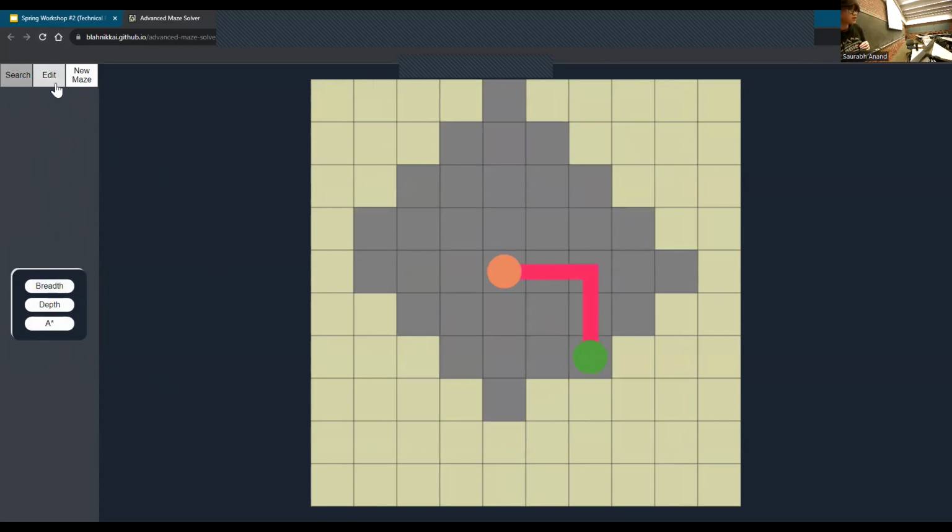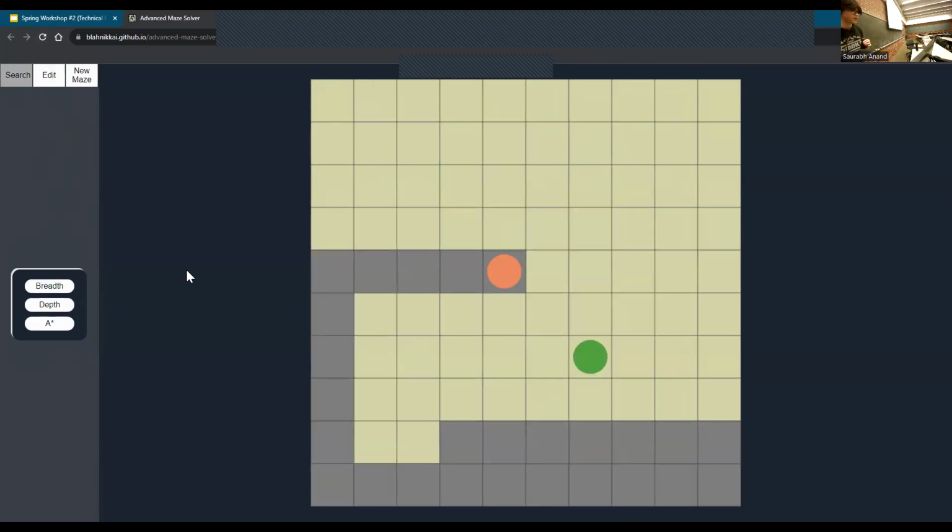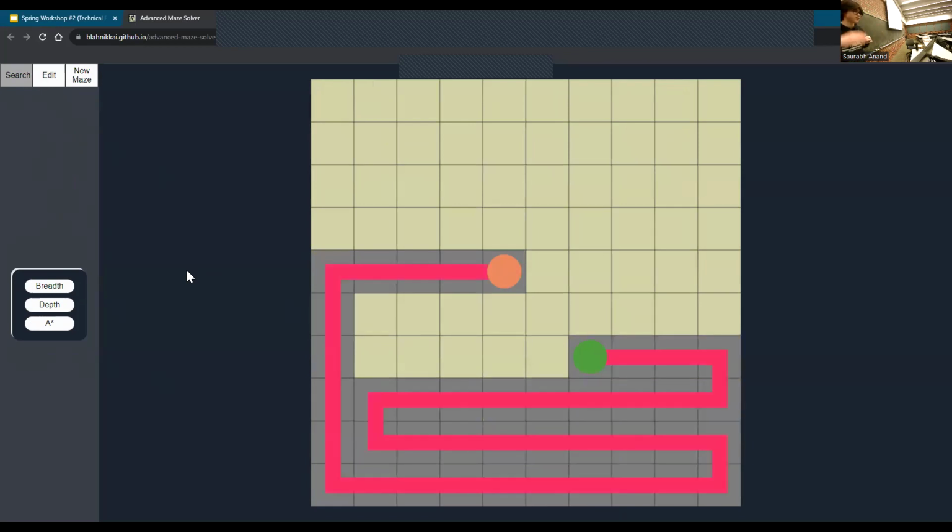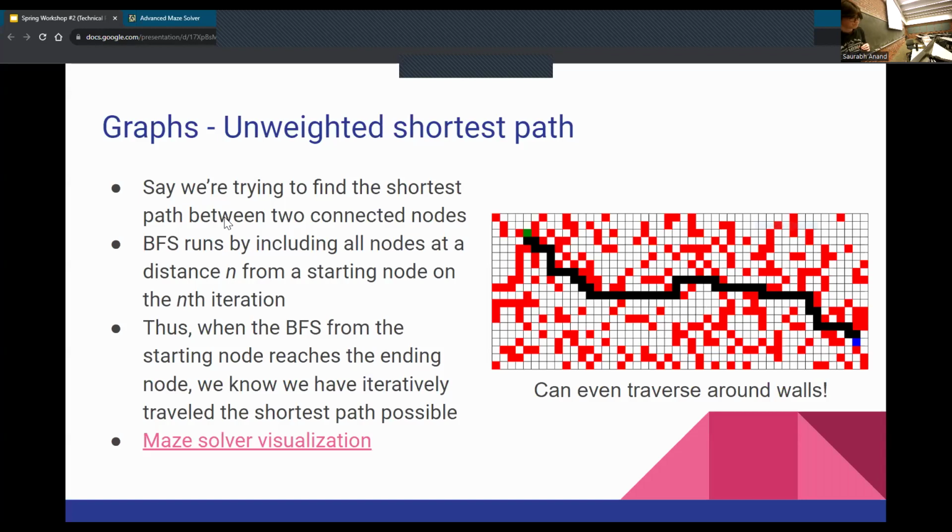Whereas a DFS, or depth first search, goes in one direction really long, and it chooses those kind of arbitrarily. For example, it'll start going left, and then it'll sort of snake around down. That means the path it finds is way longer than necessary, because it just happened to choose the wrong direction initially. So to find an unweighted shortest path, you run the BFS.